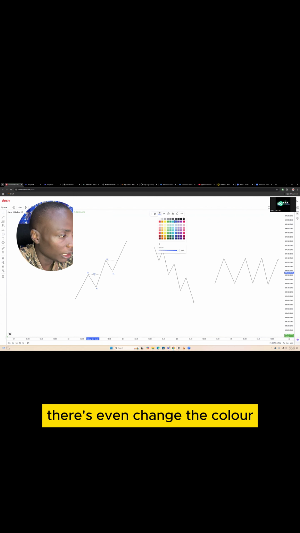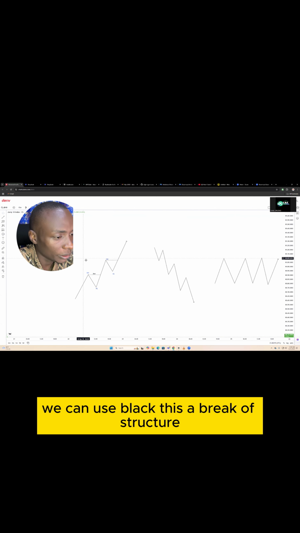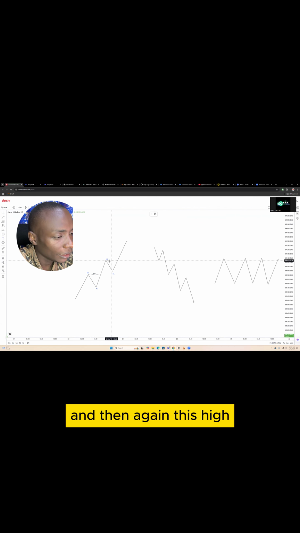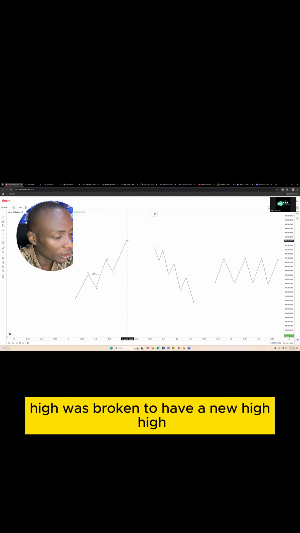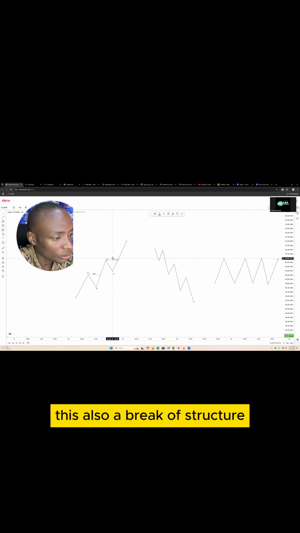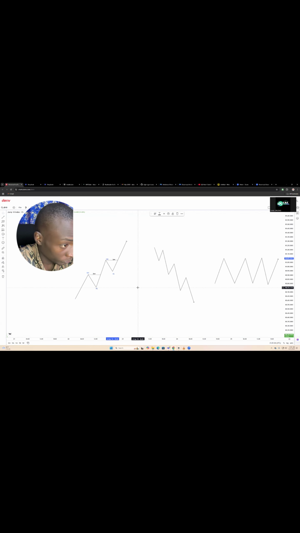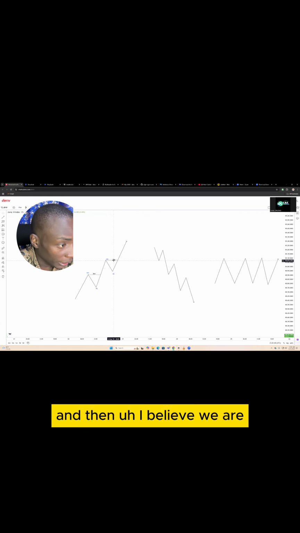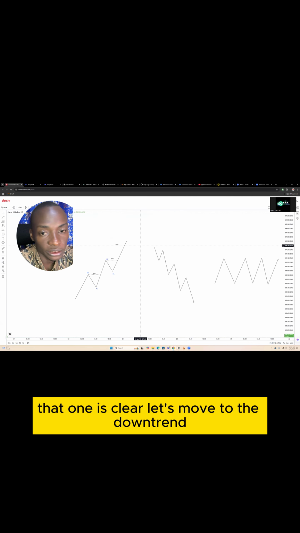Let's even change the color. We can use black. This is a break of structure. And then again, this high was broken to have a new high. This is also a break of structure, like that. I believe that one is clear.